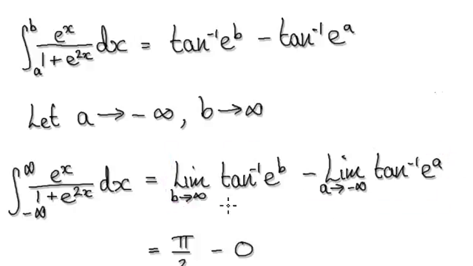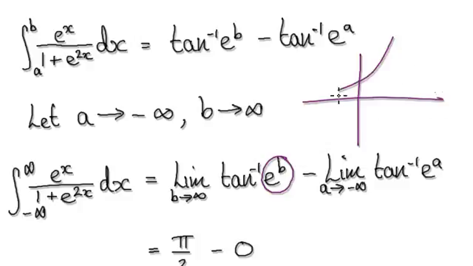And then if you look at the graph, e to the power of x looks like this. As b heads towards positive infinity, this thing here is going to be very, very big.